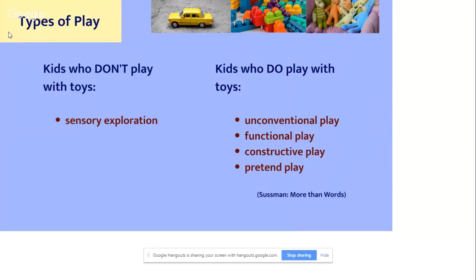There are other levels of pretend play, and it gets more and more complex, all the way through to when a child is creating an imaginary scenario and acting it out with peers. Think about a preschool or kindergarten classroom where children are playing house together and assigning roles: you'll be the mommy, you'll be the daddy, et cetera. There's so much learning of communication skills and social skills that takes place within that context.